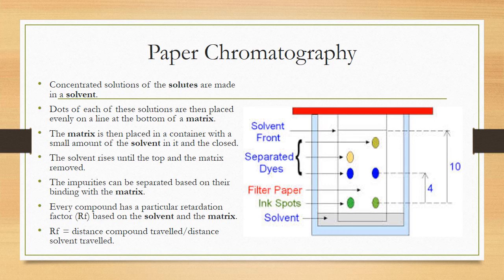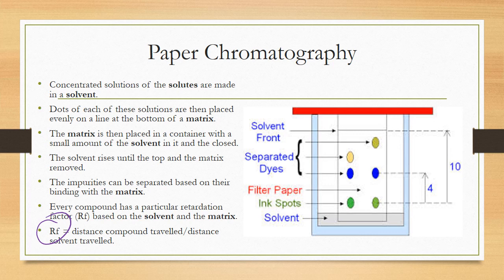Retardation is how much it is stopped by the matrix, and it's based on what the solvent is and also what the matrix is. In paper chromatography, that's obviously going to be paper. The RF value is the distance the compound has traveled divided by the total distance the solvent has traveled.